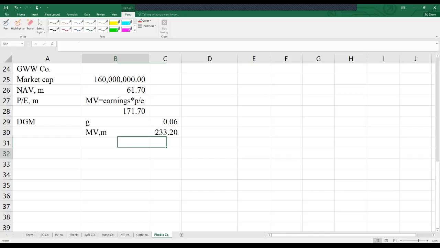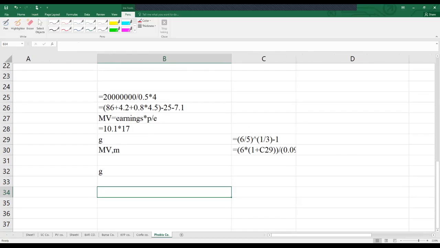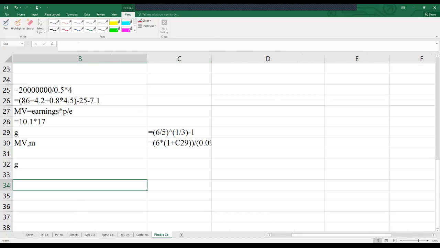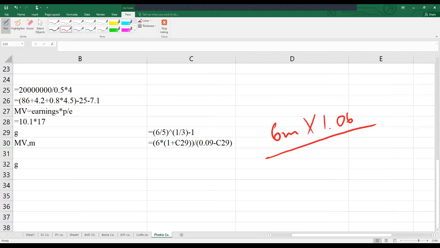The next is to get G using the Gordon growth model. Can you show the working again for the market value? Yeah, okay, there you go. It is equal to 6 million times 1.06 divided by the cost of equity, 0.09 minus 0.06.